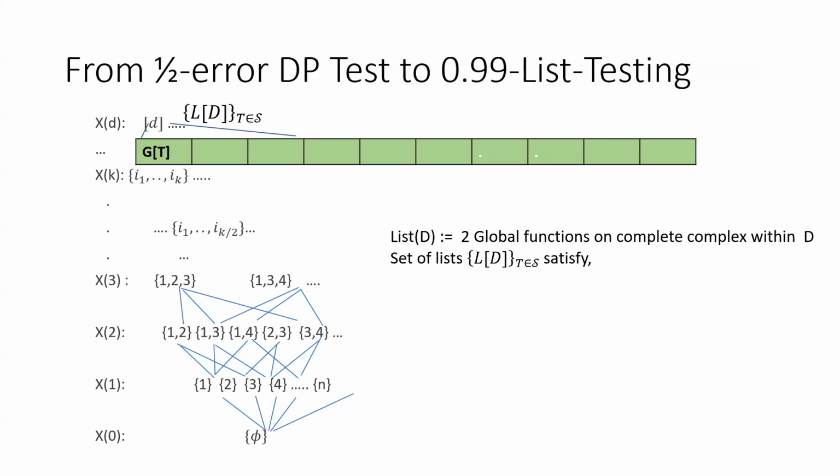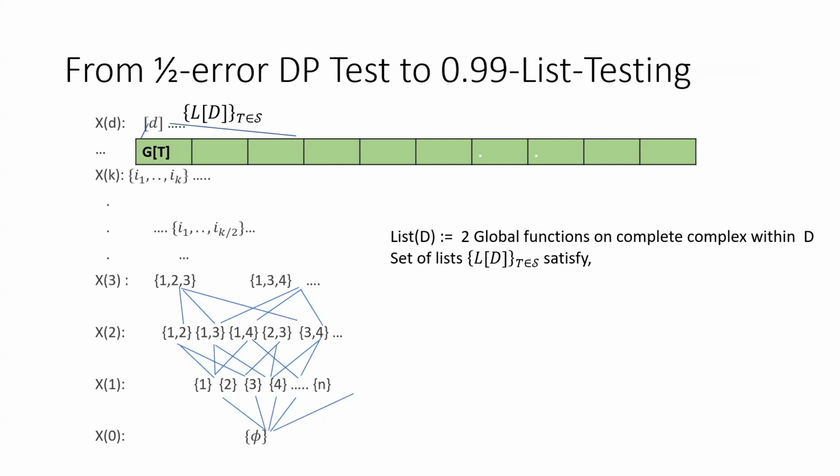Again, for this D set, you look at all the K sets contained within that D set. And that is the complete set system. So we know that whenever that passes the direct product test, there is actually a global function. And because it passes the test with probability half, there could be 2 global functions.